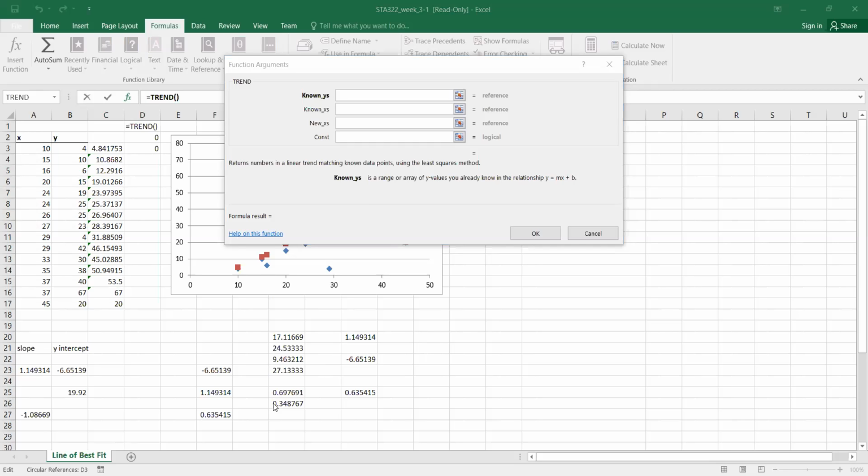Doesn't really give us... okay, so we do have to input the formula.